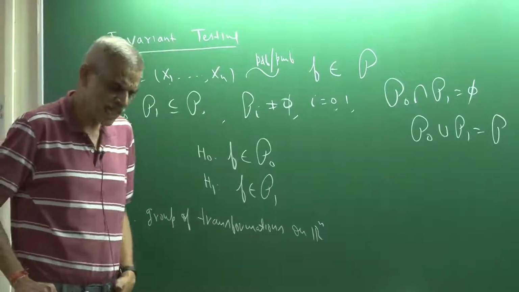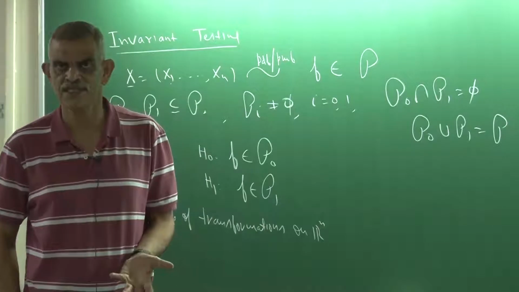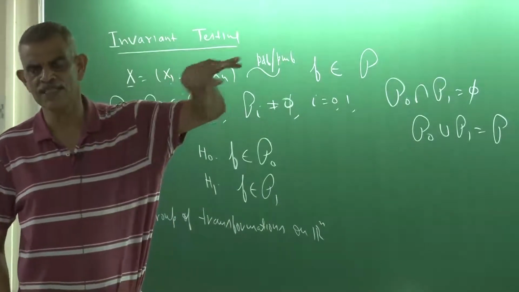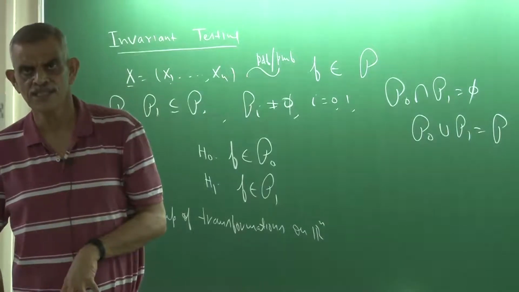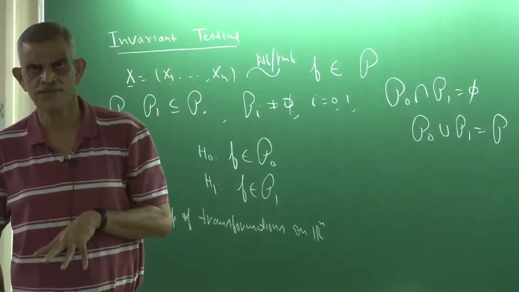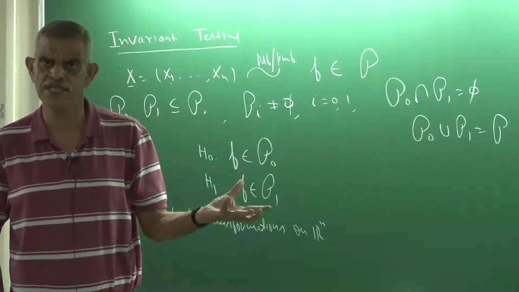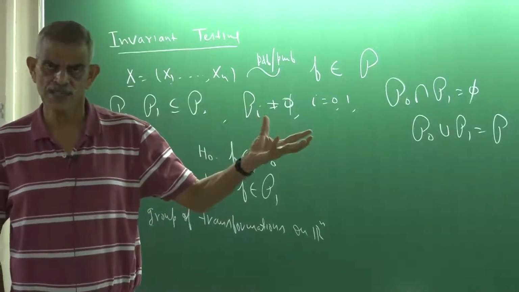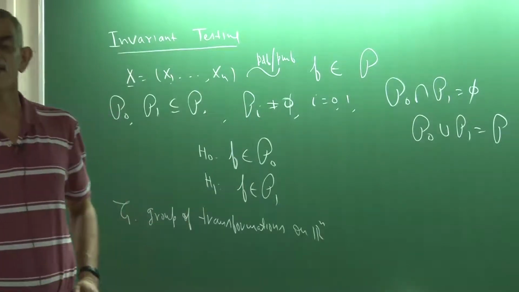So when I transform X to gX, my null hypothesis and alternative hypothesis do not change. That means if I was rejecting H0 in the earlier situation, I should reject H0 in the later situation, which is the transformed problem. In other words, if I was rejecting H0 with certain probability in the untransformed problem, I should be rejecting H0 with the same probability in the transformed problem.